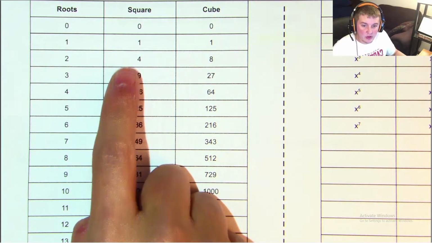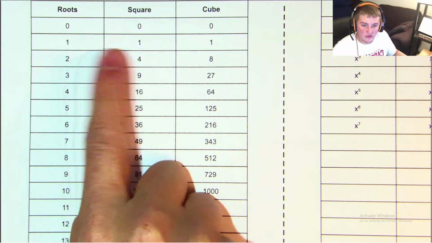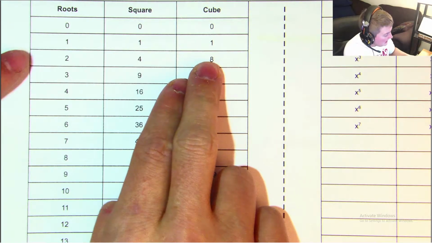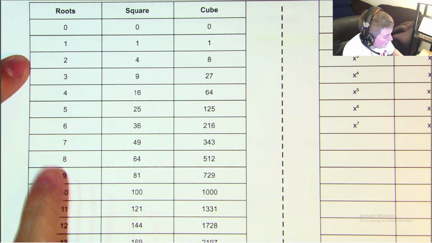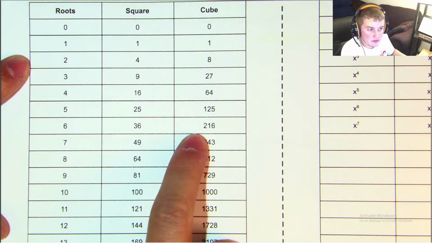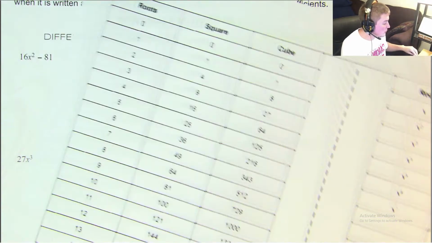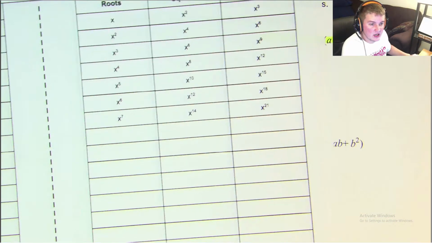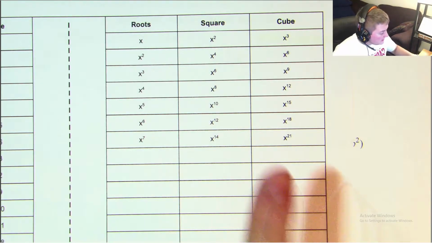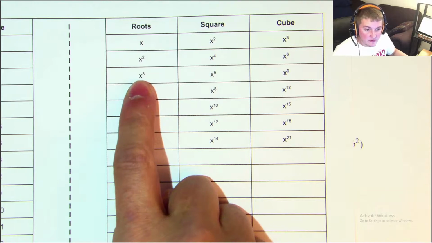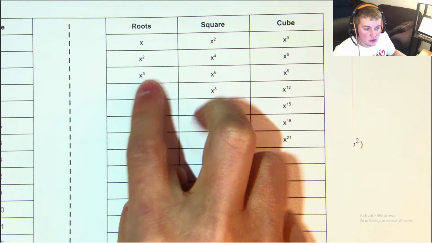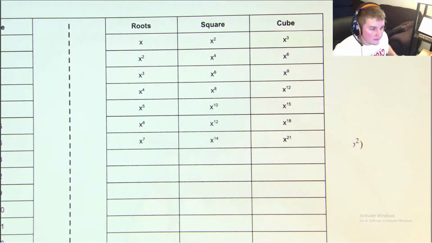For example, the perfect square of 2 is 4 and the cube of 2 is 8. 7 squared is 49, and 7 cubed is 343. I did the exact same thing with a handful of the first variables. For x to the third, the perfect square is x to the 6th, and the perfect cube is x to the 9th.